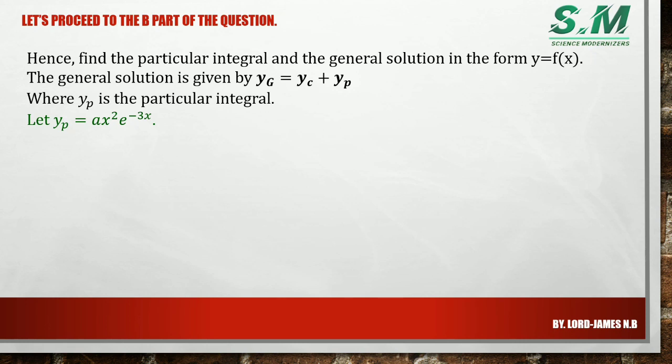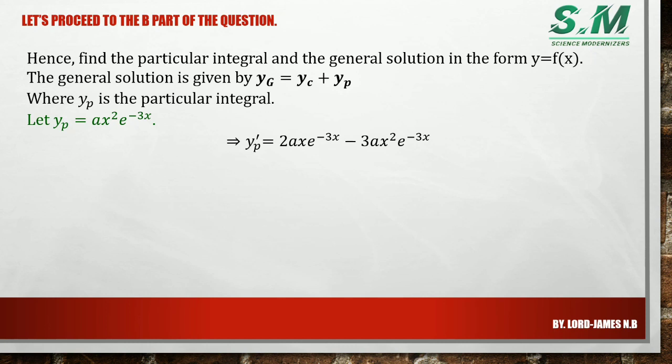Now we use this particular integral since if we use ax e raised to the negative 3x, we are going to realize that when we differentiate this function twice and substitute it in the differential equation, it won't be defined. The reason is that we have to compare this particular integral with the complementary function which we had above.